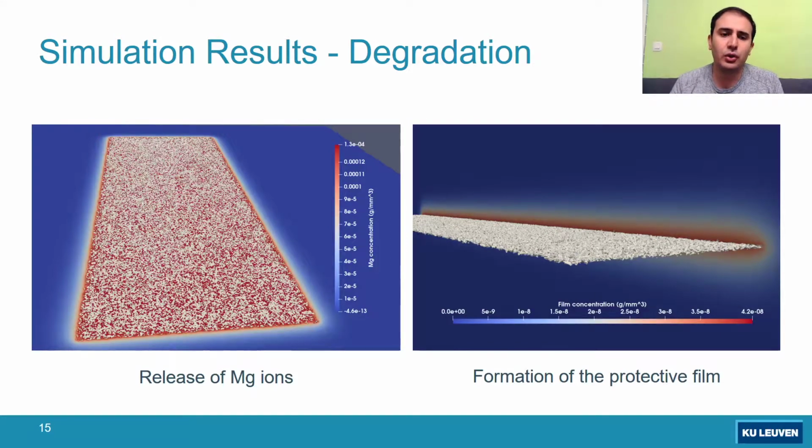The results show the formation of the protective film on the right and the release of magnesium ions to the medium. The white surface, let's say, is the surface of the implant as it evolves over time, as it degrades over time, and indeed is obtained using the level set method.